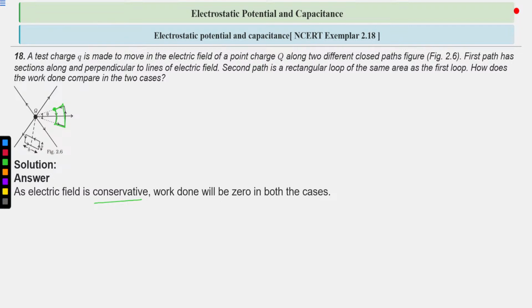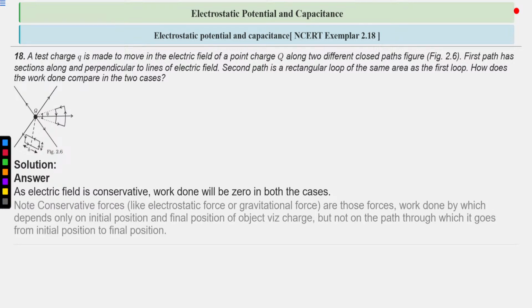The same holds for this loop. If we start from any point and, after completing the loop, come back here, the initial and final positions are the same. That's why the work done is 0, because the electric field is conservative and work done depends upon initial and final positions.